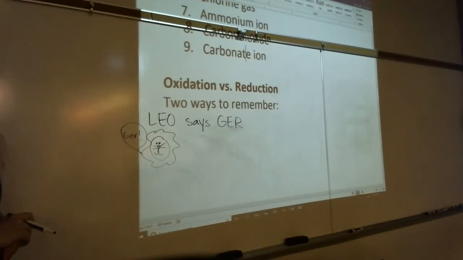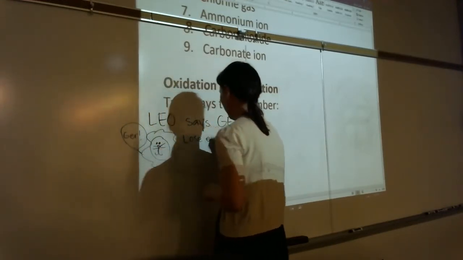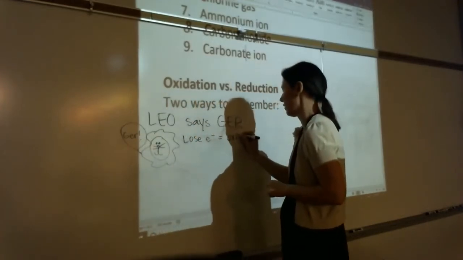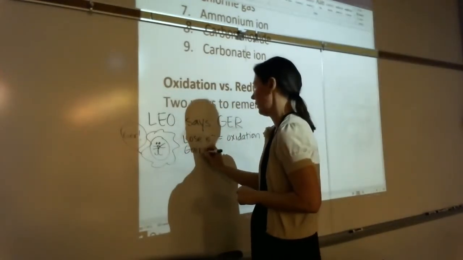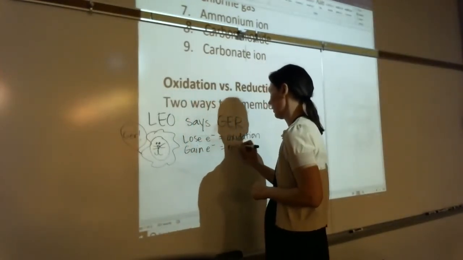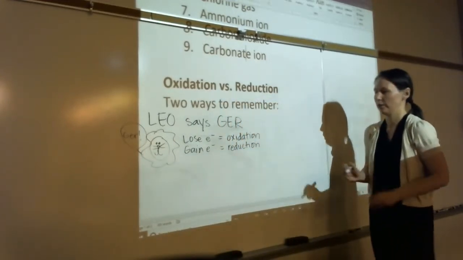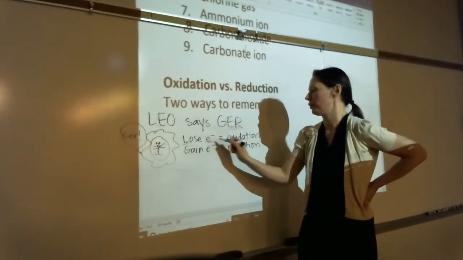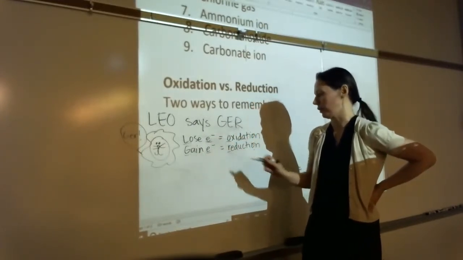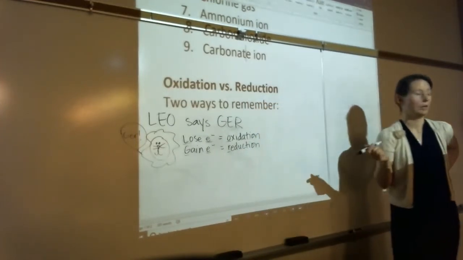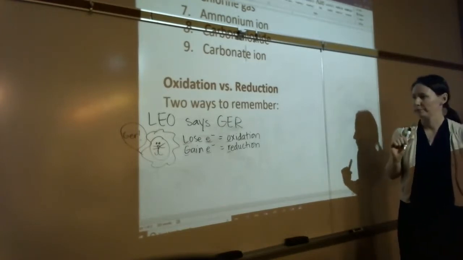So what does that stand for? LEO: lose electrons equals oxidation. Gain electrons equals reduction. This is the one you'll see me using a lot because I learned it when I was 15, so it's been in my brain for a long time.